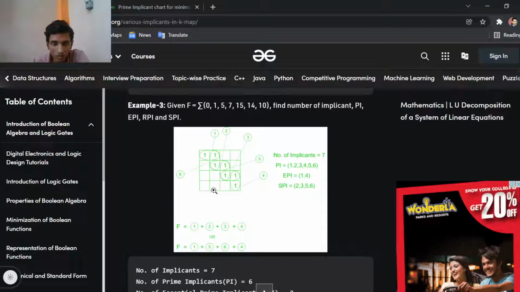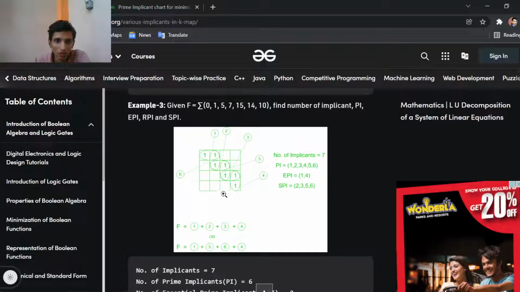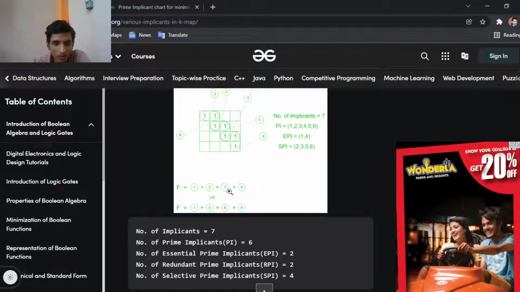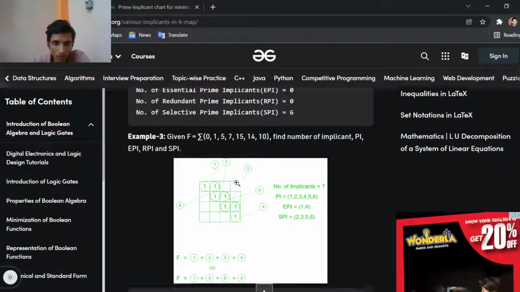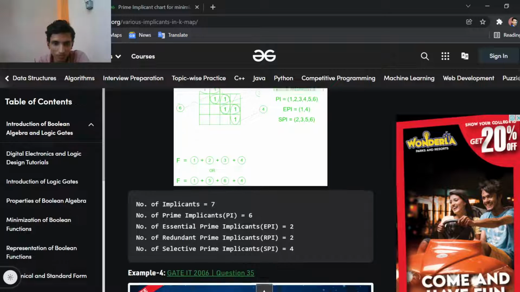And essential prime implicants would be 1 and 4, that is this one and this one. So we can write the function's minimum expression as f equals 1 plus 2 plus 3 plus 4, or it can also be written as 1 plus 5 plus 6 plus 4.